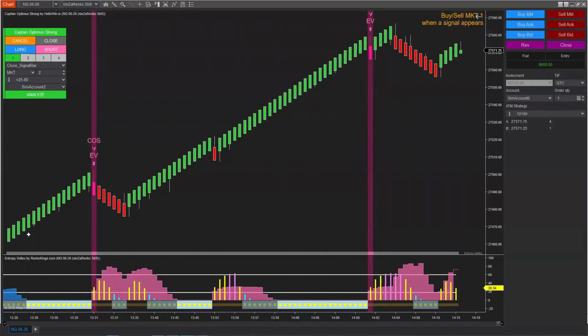And by the way, while we're waiting for a trade, again, just to show you the difference in different brick sizes.